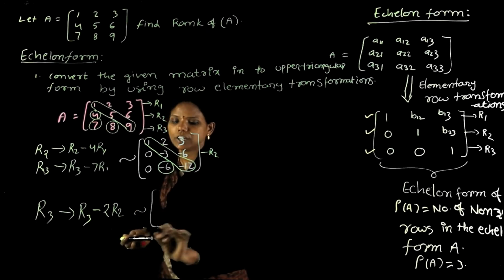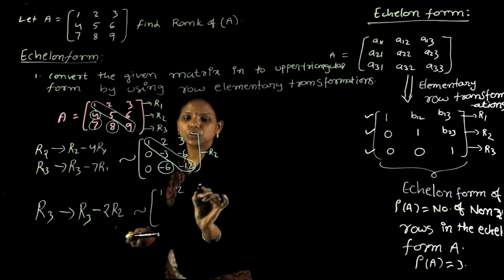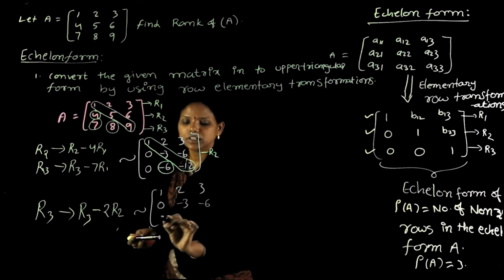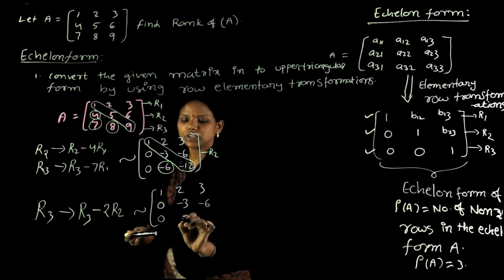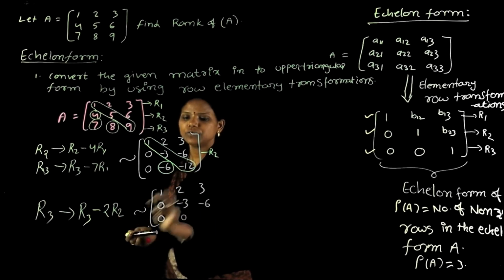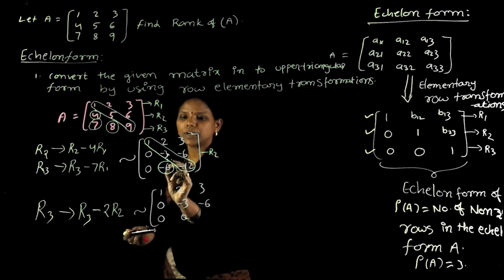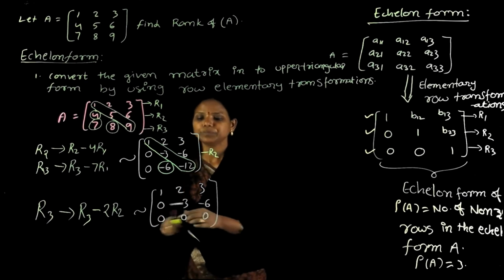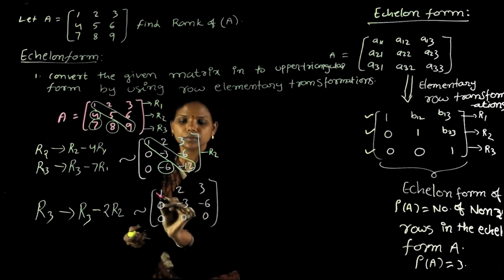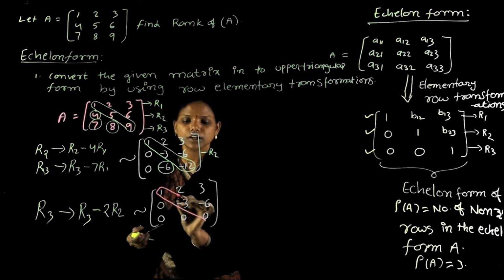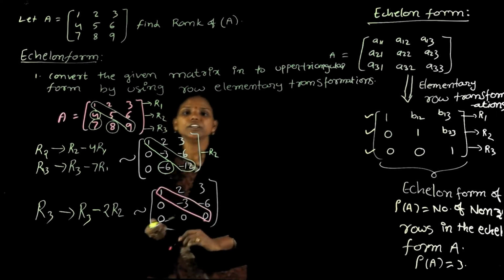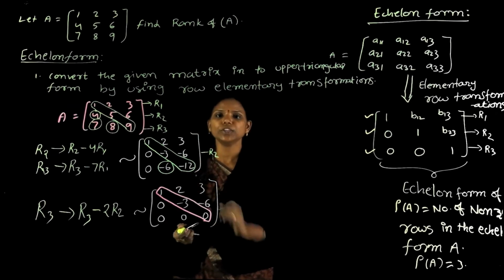Now the changed matrix will be 1, 2, 3; 0, minus 3, minus 6; 0, here it will be 0. Apply the transformation for row 3: minus 6 plus 6, 0. Minus 12 plus 12, 0. Observe this form. Again draw the principal diagonal like this. After applying each elementary operation, you check the principal diagonal and the elements below it.